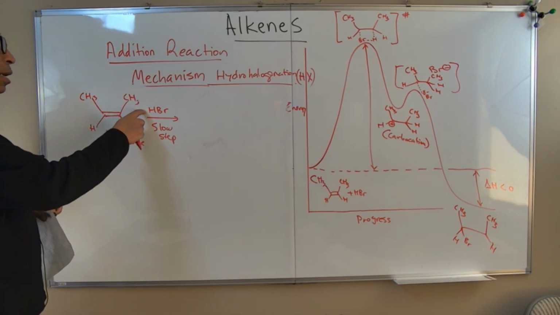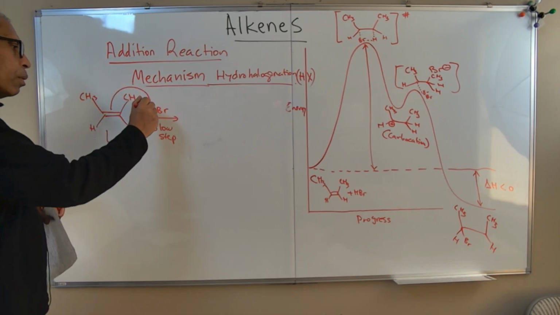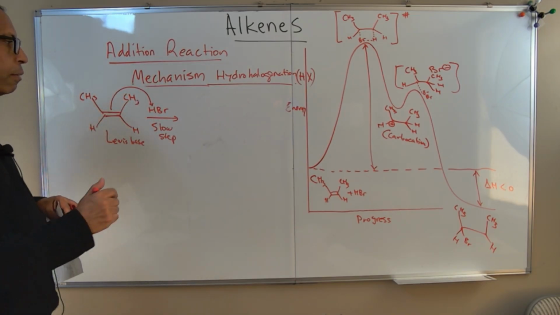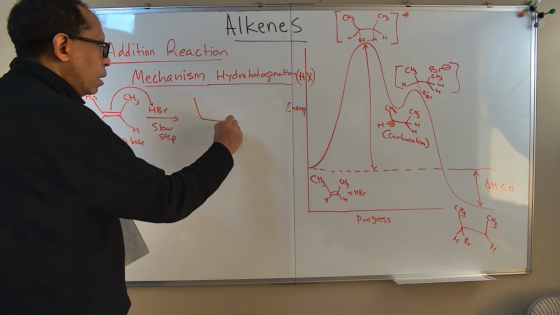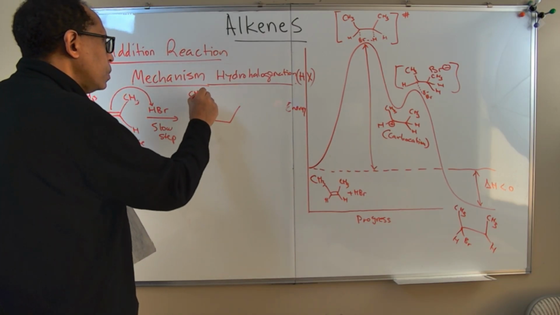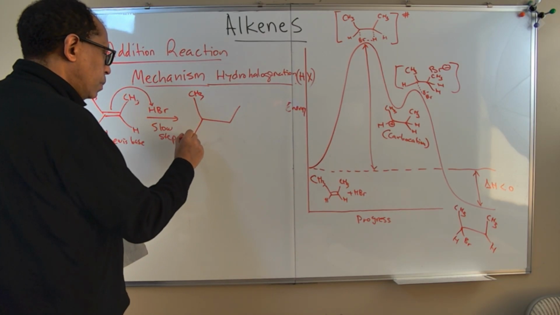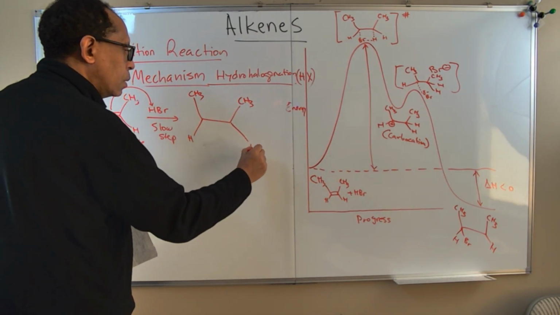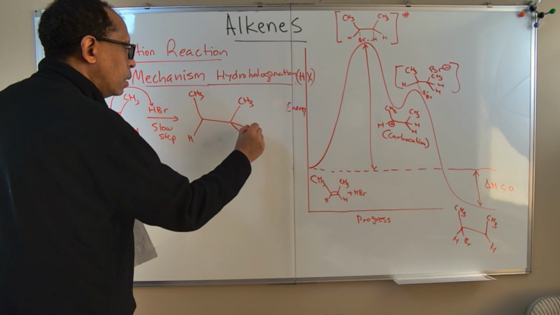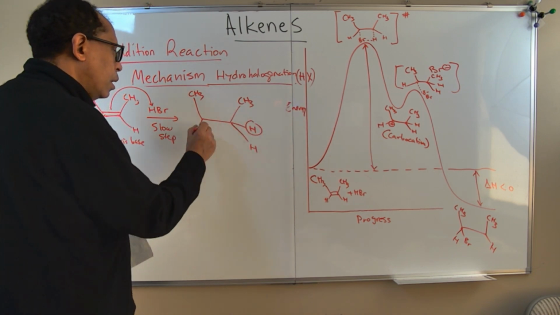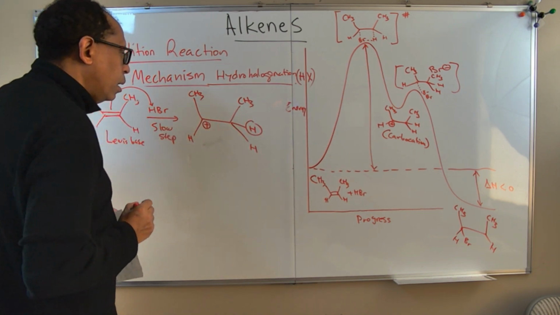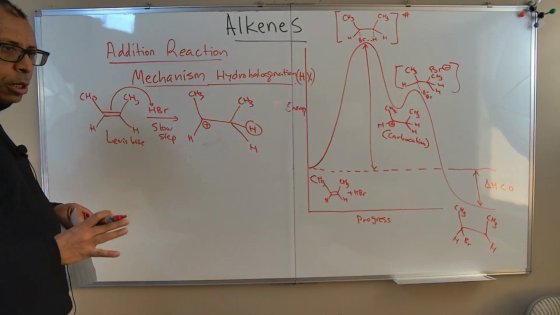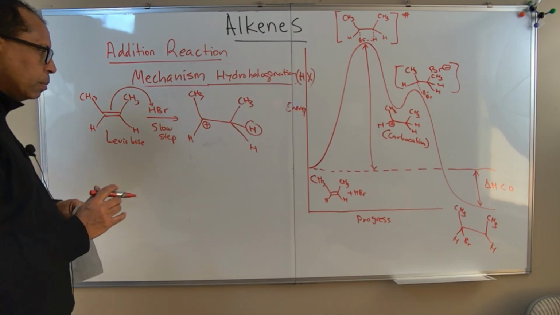So it would act by just pulling off a proton first, which is a slow step, and forms this intermediate. This is a newly added hydrogen, and a carbocation is formed. So remember, this hydrohalogenation is a two-step mechanism.